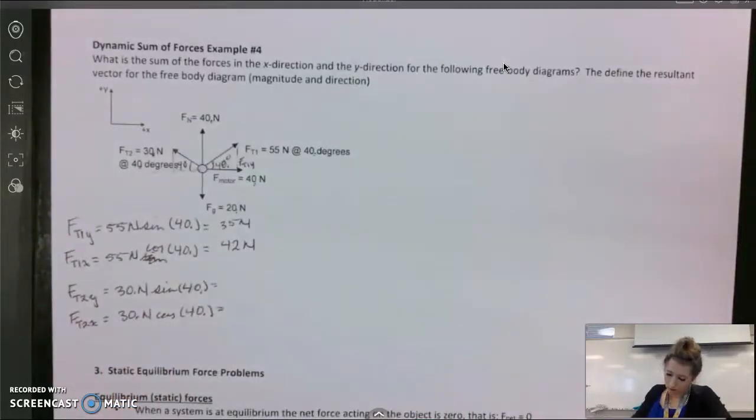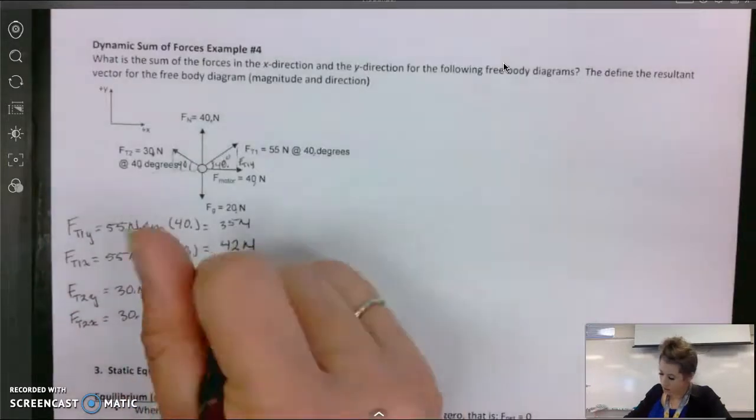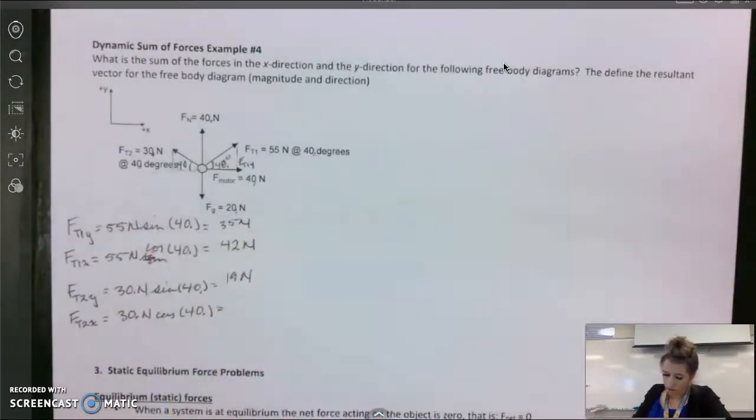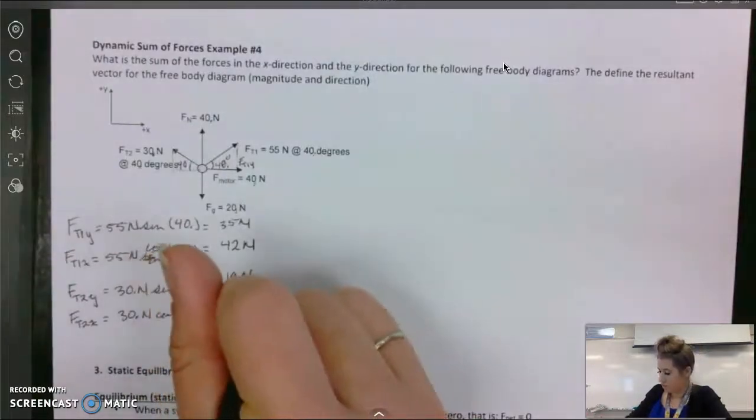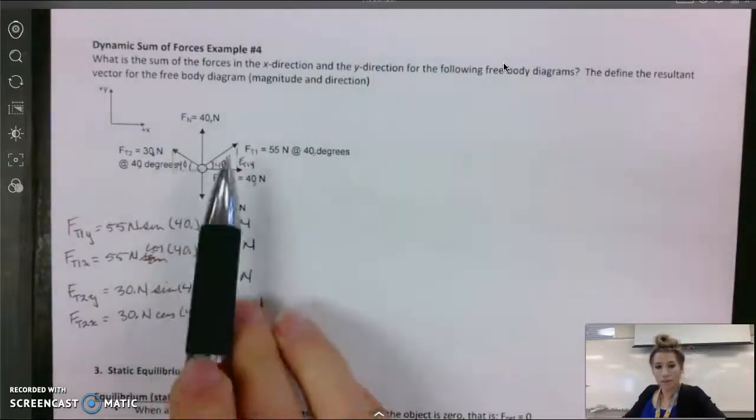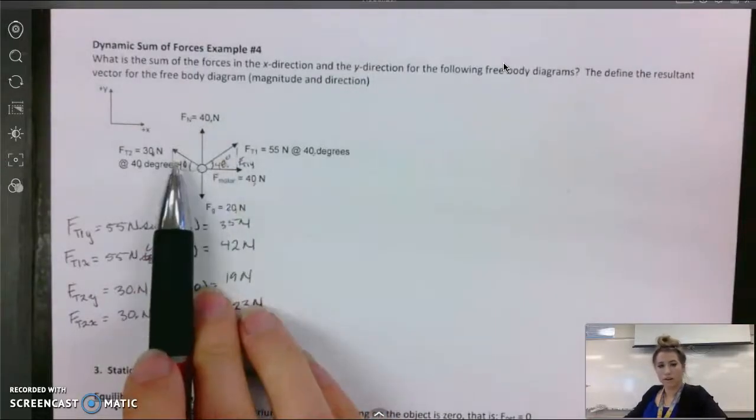So 30 times the sine of 40, that's 19. And then cosine, that's 23. Okay, so we broke these into their x and y components, right?